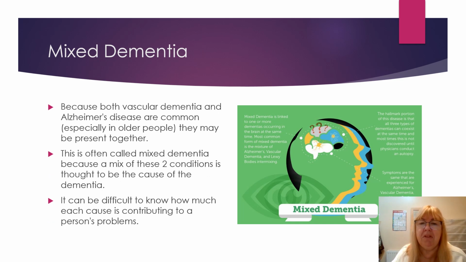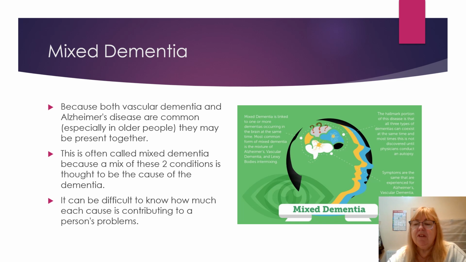There's something called mixed dementia, which can come to older people, and people find it quite difficult to diagnose because they find elements of both. So they might find the proteins, or there might be the effect of a stroke as well.